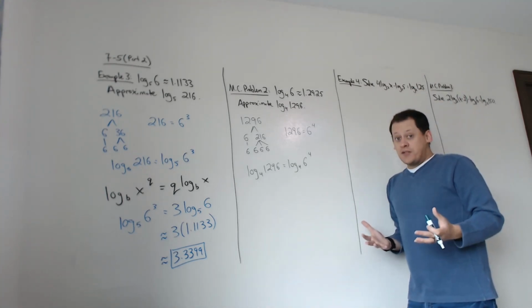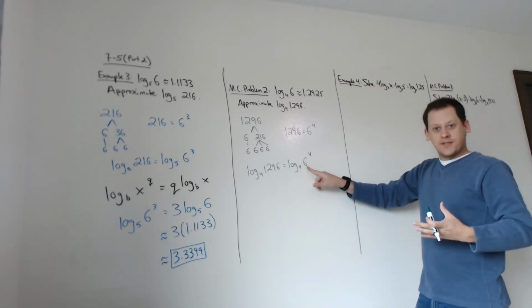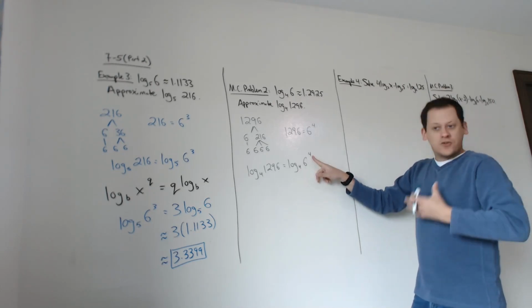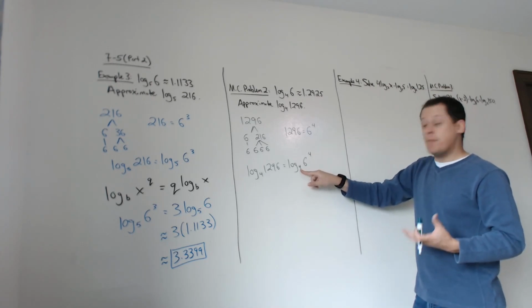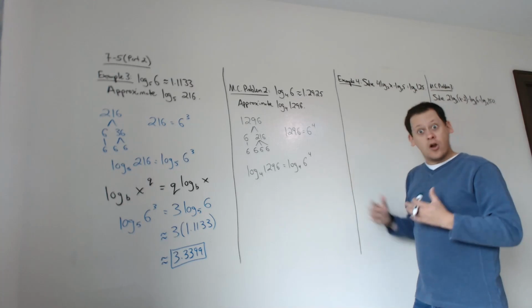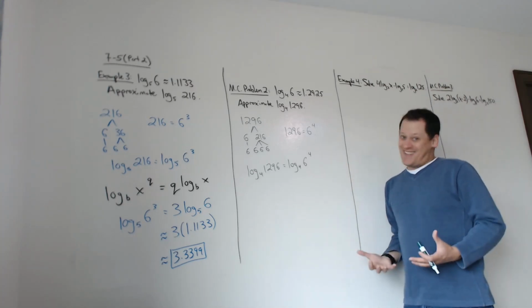Now, this brings up an interesting point. We know that if this base and this base are the same, that the answer is just what the exponent is. Here we've got this, the base of the logarithm and the exponent are the same number. That actually doesn't mean anything.